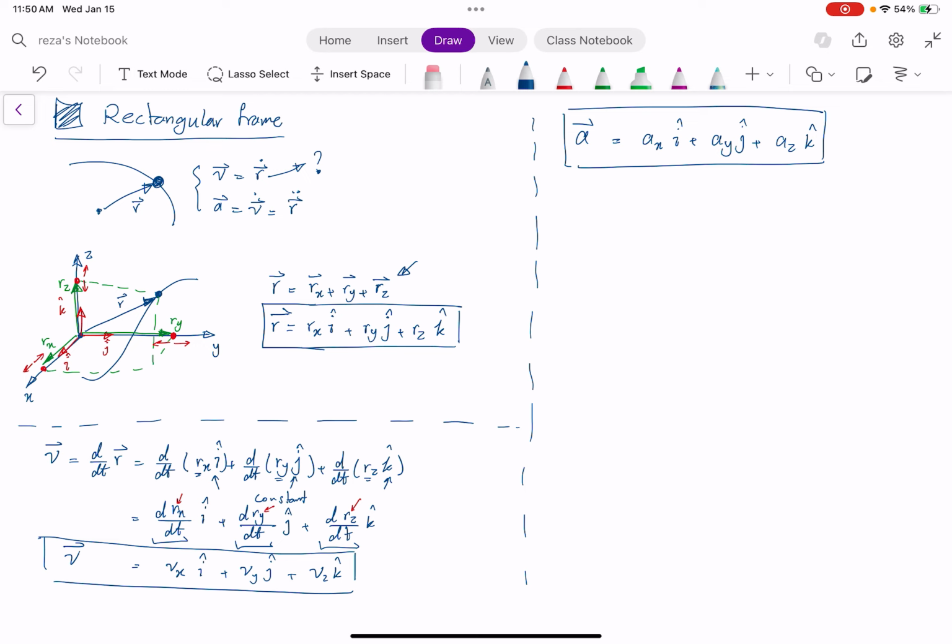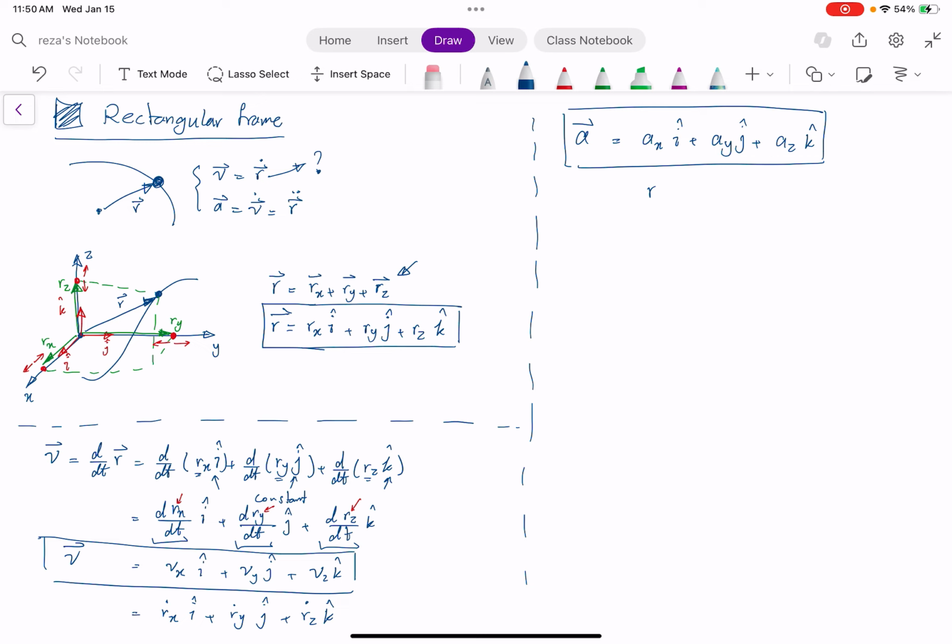Velocity you can also write as rx dot i plus ry dot j plus rz dot k, so taking time derivatives of individual components.